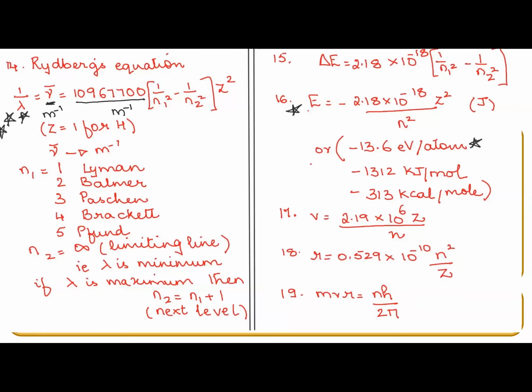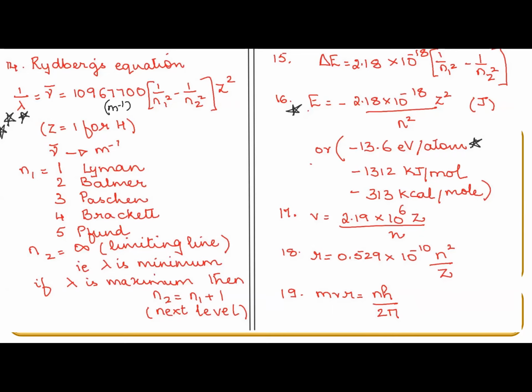But if you want it in centimeter inverse, then you should not write these 2 zeros, and you'll get the answer in centimeter inverse. These are all numbers, so it does not matter. All these 3 are numbers, they're not going to have any unit. So whatever is the unit of this, same will be the unit of your ν bar. So once again, I have written here the Rydberg constant in meter inverse.